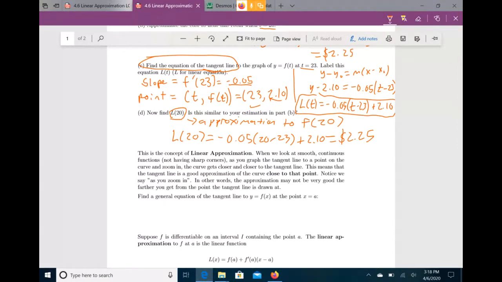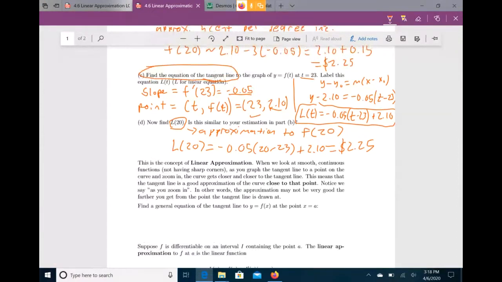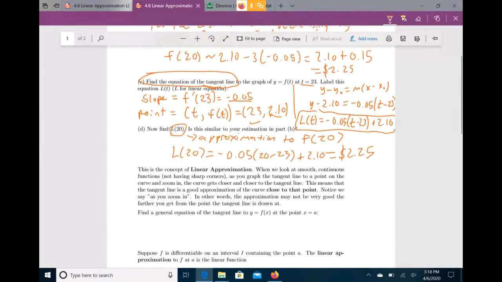All right, so now we can write this down generally. Let me scroll up so I don't give away the answer exactly. Finding a general equation to the tangent line to y equals f of x at the point x equals a. So again, to write down the equation of a line in point slope form, you need two things. You need the slope and the point.